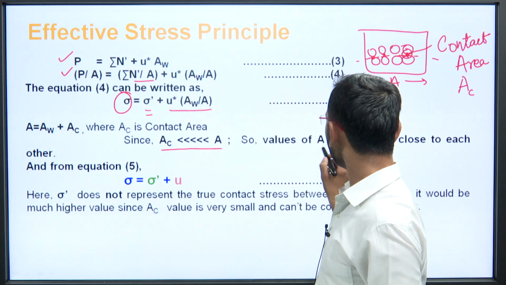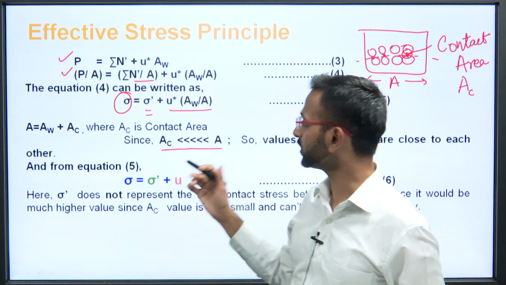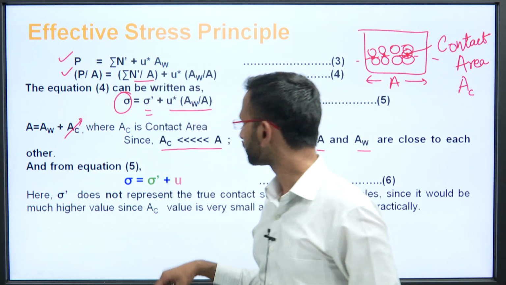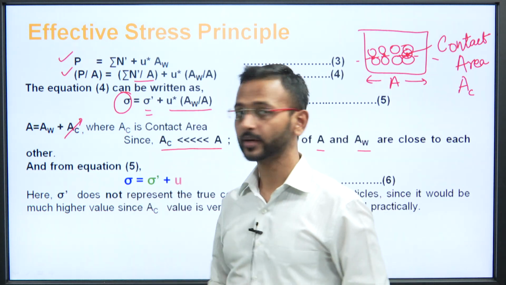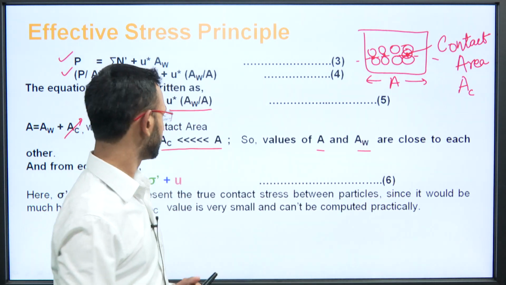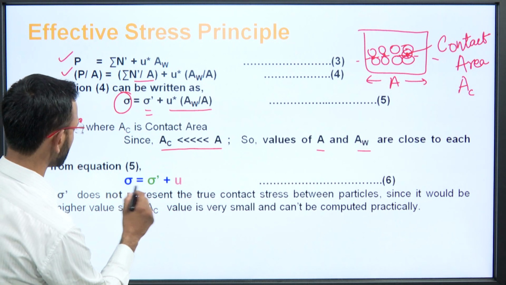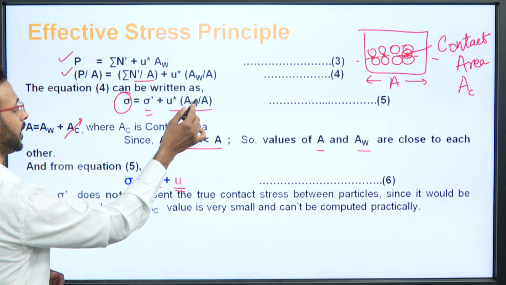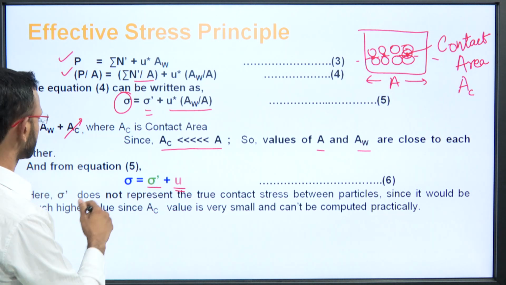So, values of A and AW would be very close, because AC is tending to almost 0. So, we can also write here that sigma is equal to sigma dash plus u, that is simply AW by A will be 1.